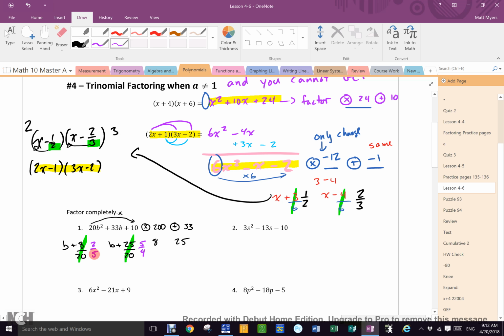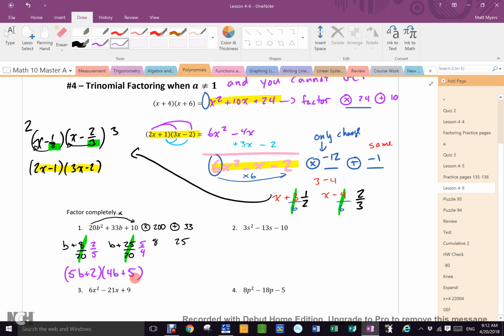Okay. Now, I'm left with the denominator. What's the shortcut Mr. Myers just taught us to do with those denominators? We move it to the front. So what does this first term become? 5b plus 2. What does this second term become? 4b plus 5. Would I ever not take 1 second to check my answer?